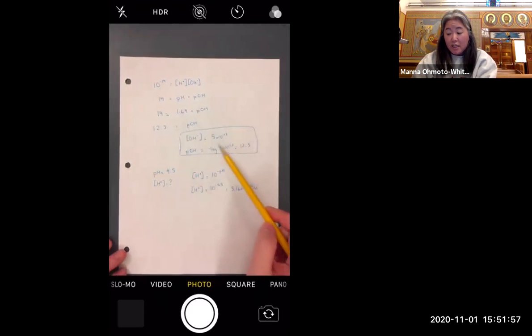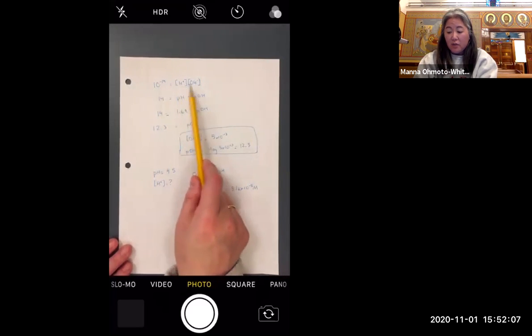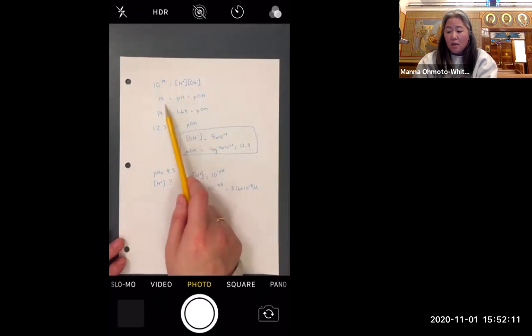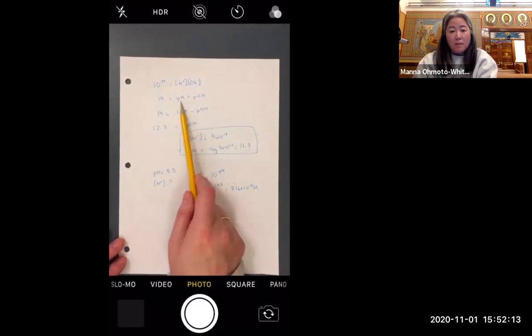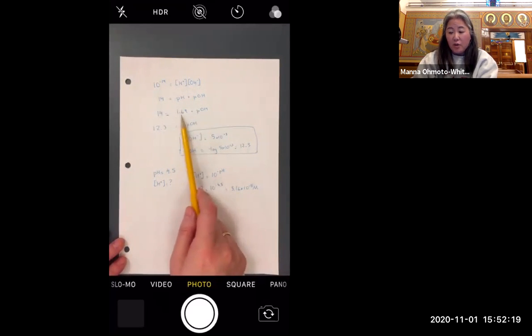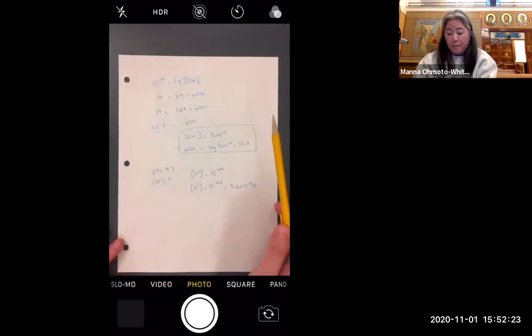I could take the negative log of 5 times 10 to the negative 13th and find that my pOH is 12.3, or I can understand that if I take the negative logs of all of these things, basically I'm taking the exponents, that 14 is equal to my pH plus my pOH. So if I wanted to find my pOH, it would be my pH subtracted from 14, which will be 12.3.